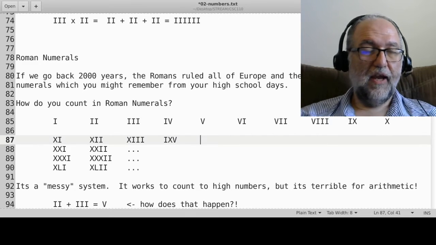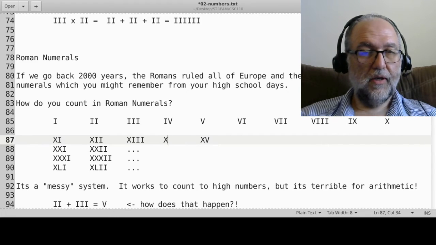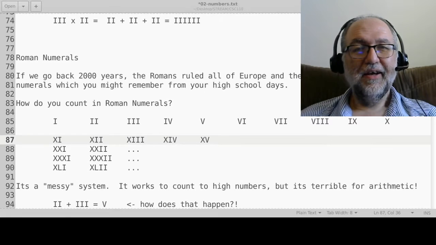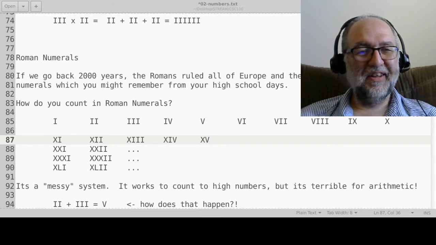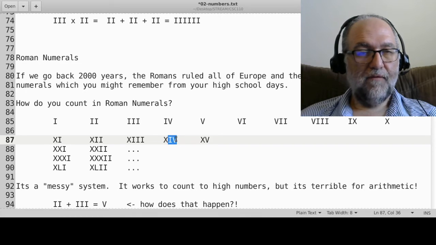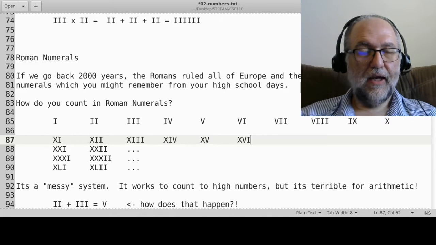And so maybe I should just show you 15. 15 would be 5 after 10, which is 15, and this would be 1, whoops, I got it backwards. 1 before 5 before 10, like that. Oh, sorry. There it is. Okay, I haven't used Roman numerals myself in a long time. Okay, so this would be 10, and this would be 4 after 10, and 4 is 1 before 5, and then you get 15, and then you get 16.